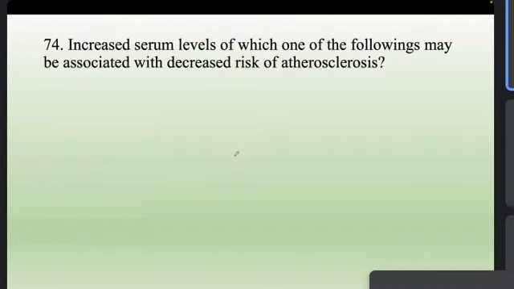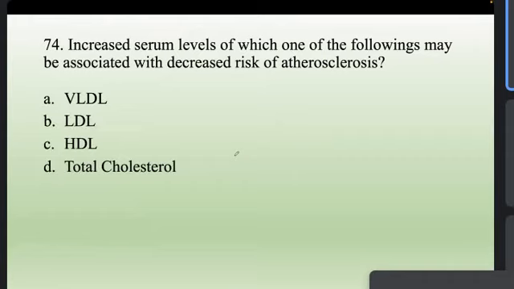Increased serum levels of which one of the following may be associated with decreased risk of atherosclerosis? VLDL, LDL, HDL, total cholesterol. HDL.